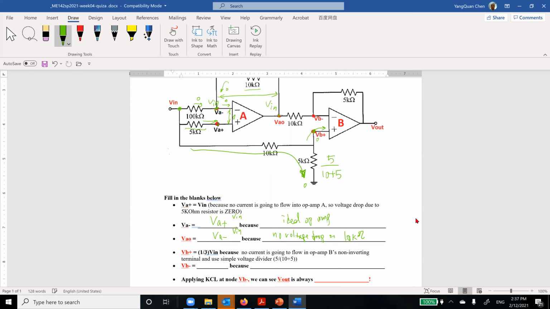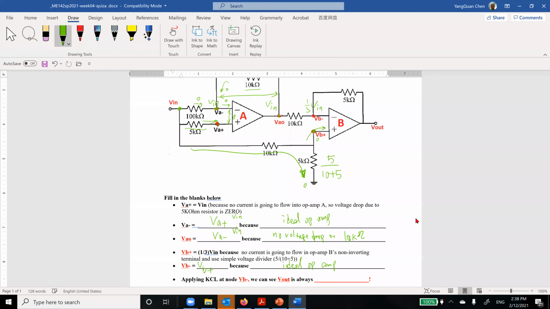It is an ideal voltage divider. Now what is VB minus? It equals VB plus, no question about it, because again, this is an ideal opamp. So I know that this is 1/3 of V in.